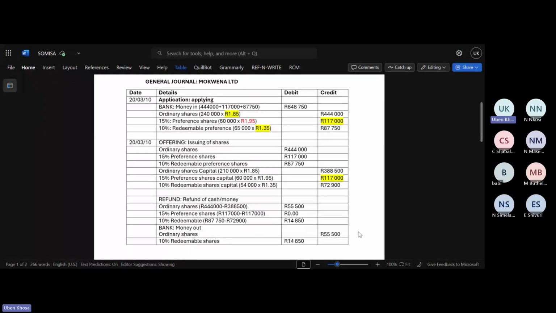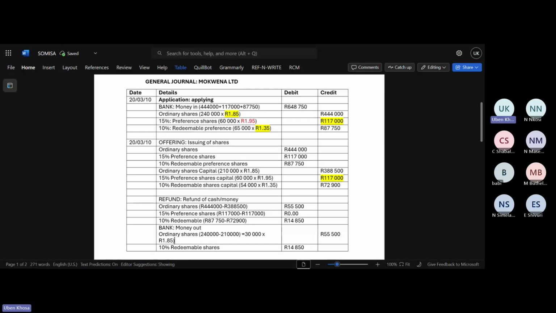Again, back to ordinary shares. They applied for how many shares? 240,000 shares. But we only issued 210,000 shares. So the difference is how many shares? 240,000 minus 210,000 is equal to 30,000 shares. Let's convert these shares into money, meaning we multiply by the price for each ordinary share, 1,85. You are going to get exactly the same answer that we have already there.